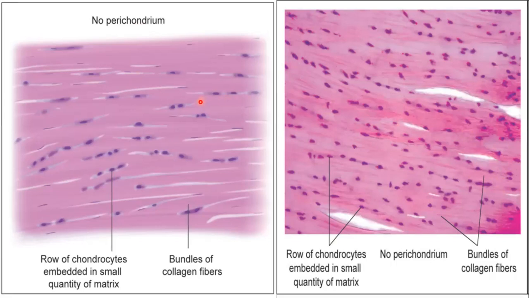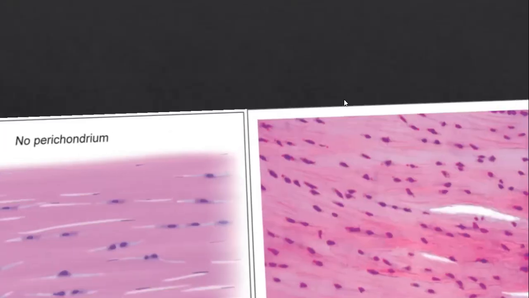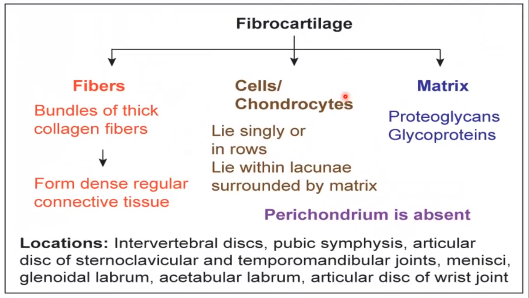In fibrocartilage, you will see these chondrocytes. So in fibrocartilage, the fibers are collagen type 1, please remember that. Perichondrium is absent. Remember the proteoglycan is versican. And please note these locations.